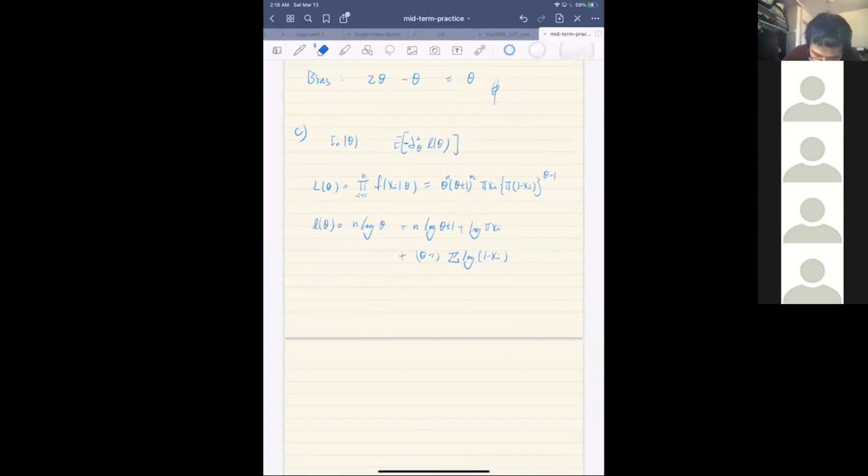So this is because, yes, here is the beta, and this is exponential.